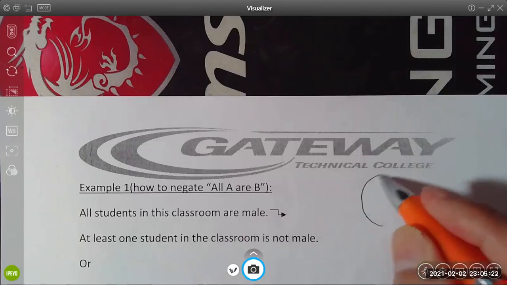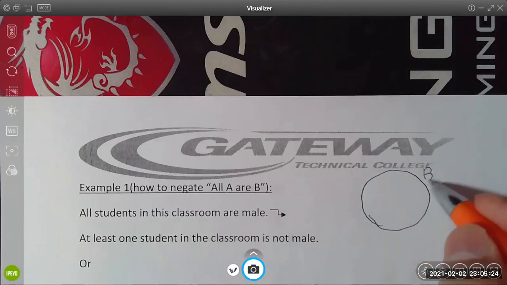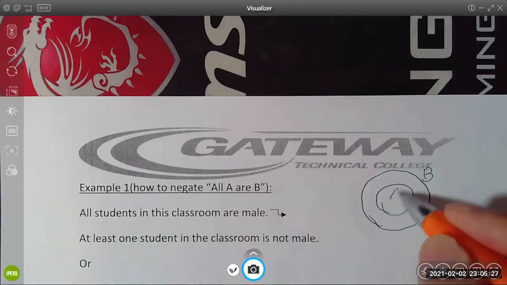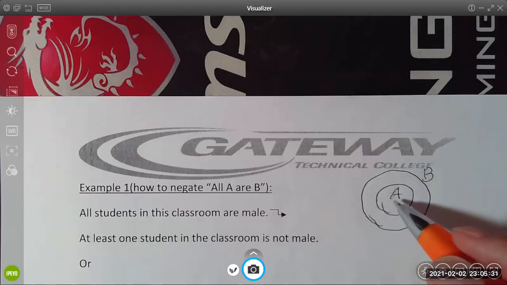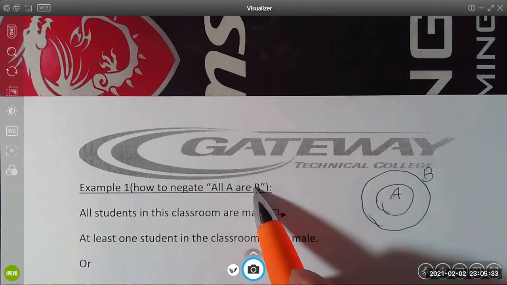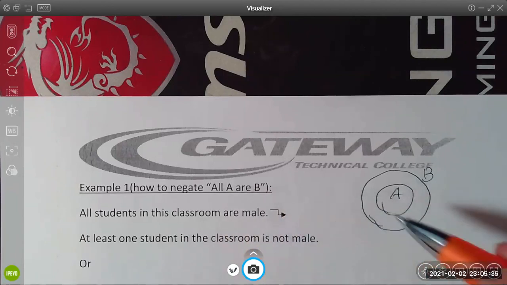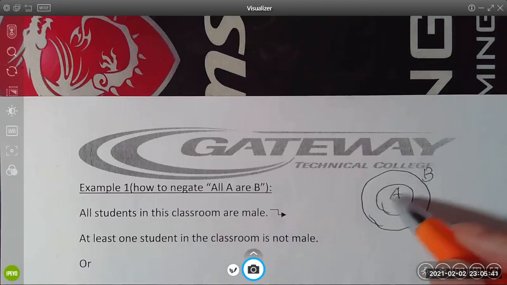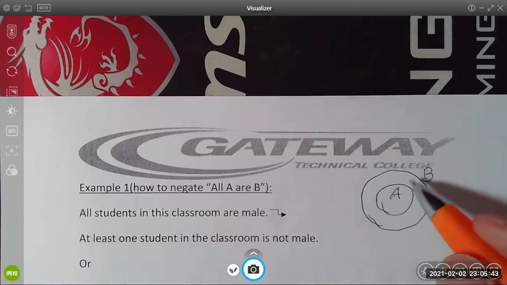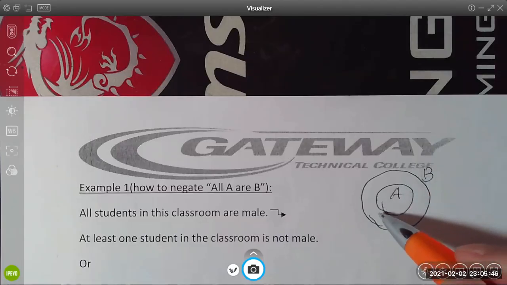Suppose this is B, and this is A. Apparently, all A are B. Anything in A is also in B. That's this structure. Now, how do we negate this? We negate it by moving these two circles in a way that not all of A are in B anymore.